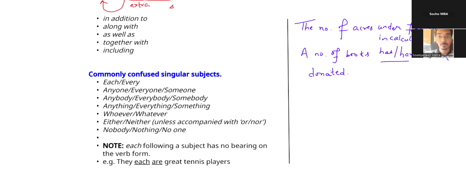पहले सेंटेंस में तो वो वाला है ना, द नंबर ऑफ एकर्स अंडर फायर इज और आर कैलकुलेबल. इजी आएगा इसमें, right? हाँ, answer is इज. आर तो कुछ सेंस नहीं बन रहा. हाँ, नंबर ऑफ बुक्स हैज... हैव.